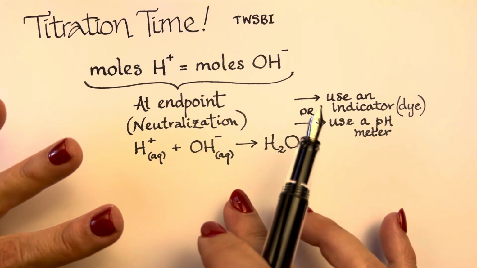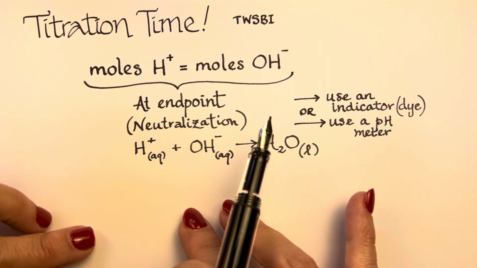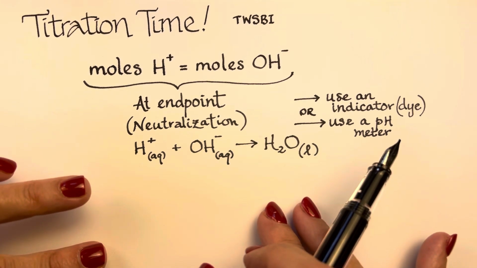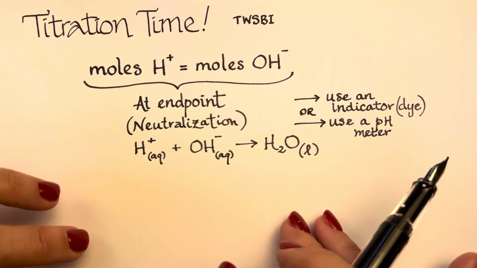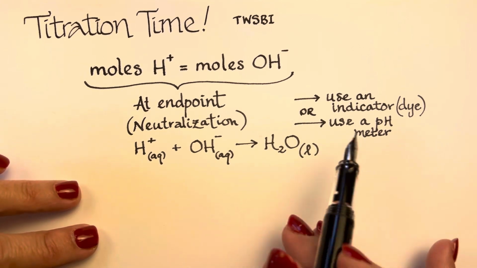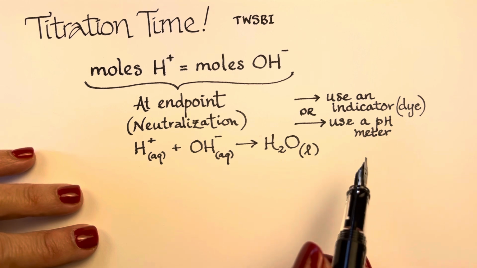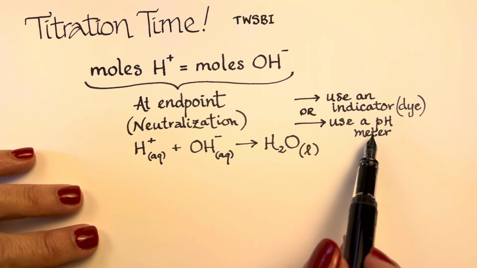Okay, but if you're combining a weak acid with a strong base, or you could have a weak base with a strong acid, then your ending pH will actually be a little bit different than 7.